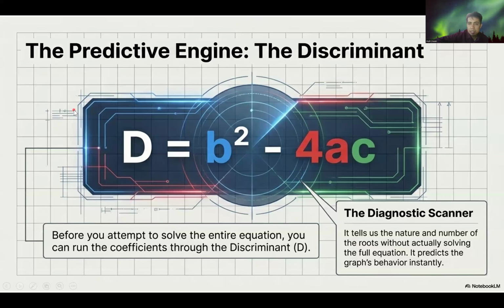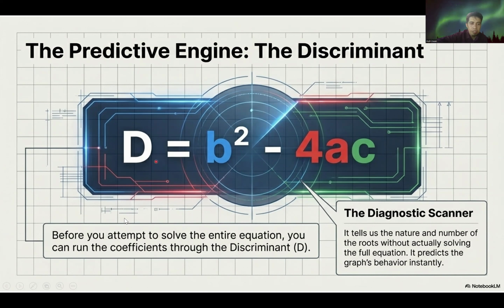To solve quadratic equations, first we have the discriminant. What is the discriminant? The discriminant relates to the nature of the roots of the equation, where the discriminant symbol D equals b squared minus 4ac.